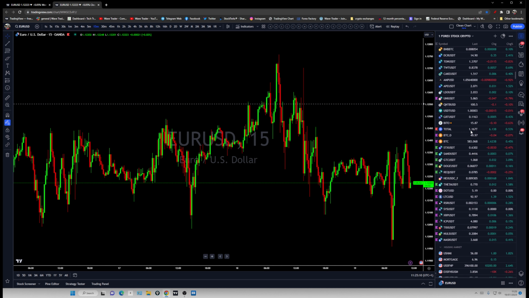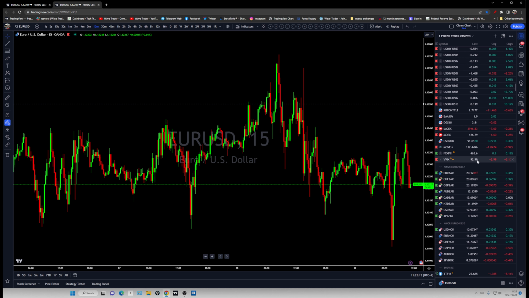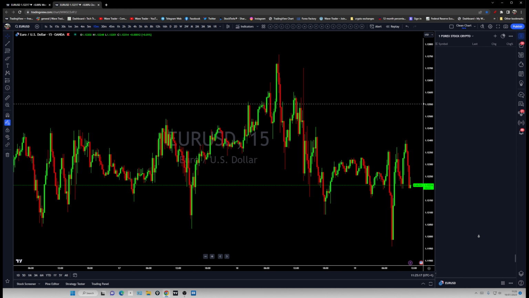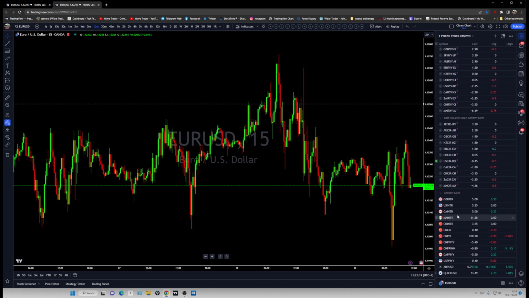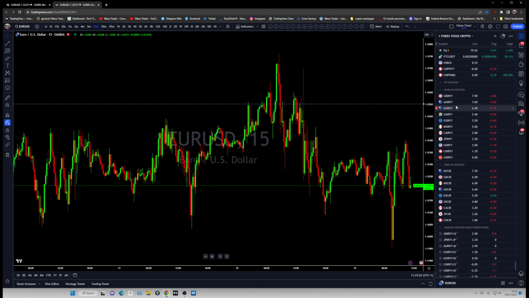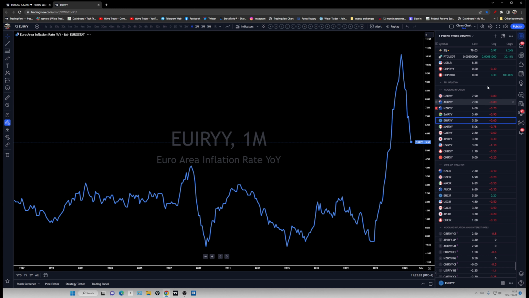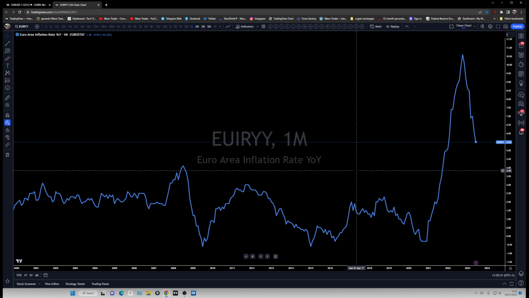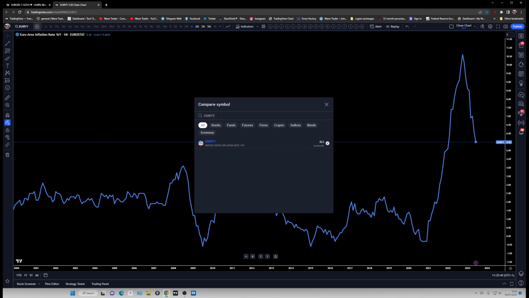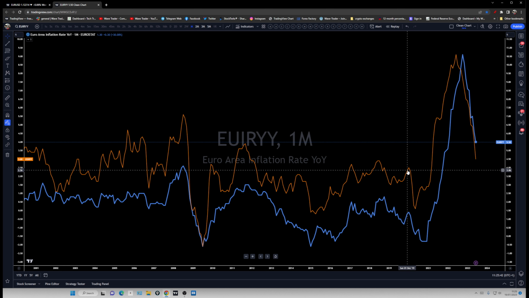If I look at the inflation numbers, the US inflation and the EU inflation, I'm going to pull out the EU inflation rate first. This is the European inflation, and if I pull out the US inflation rate on it, this is the US inflation.